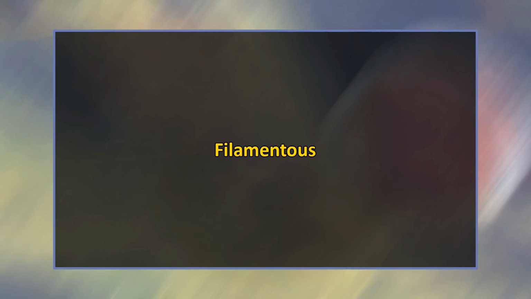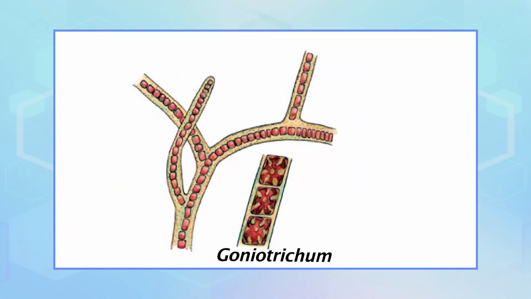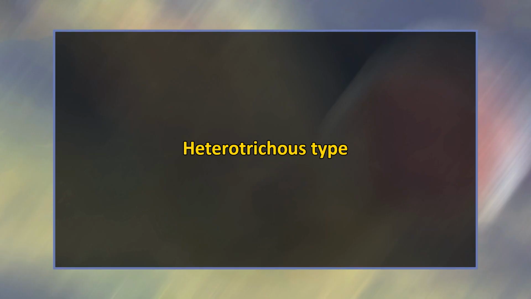Third, filamentous. The simplest filamentous algae consist of a thallus of a single chain of cells. It results if the cells are held tightly by the middle lamella after multiple transverse divisions, that is, when a unicell divides several times in a single plane. When the filamentous cells undergo longitudinal divisions, the filament branches, for example, Goniotrichum. Fourth, heterotrichous type.